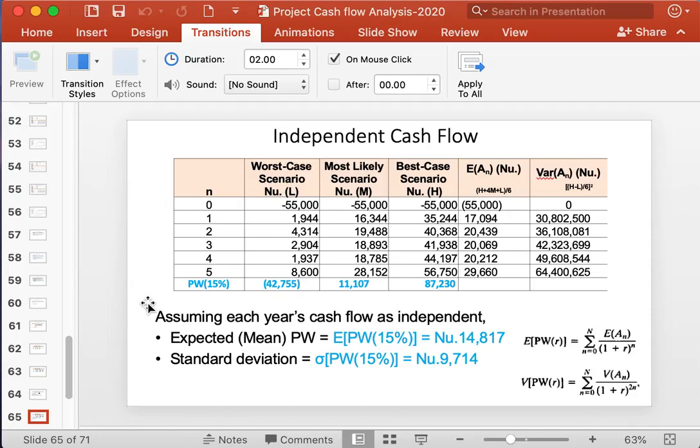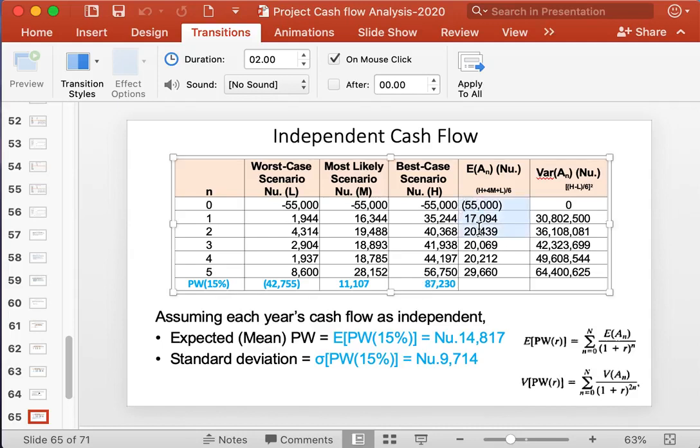Now we can find out, using these expected cash flows for each year, the expected present worth. Okay, the expected present worth, which is denoted by EPW 15%.